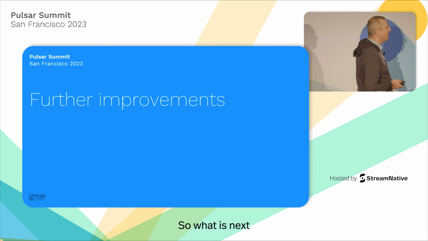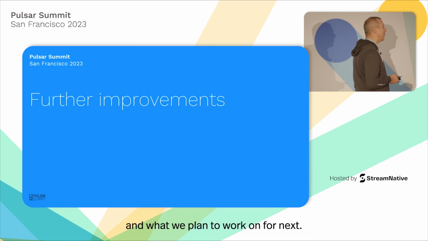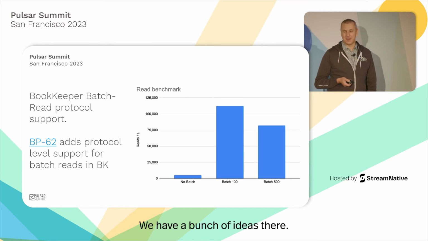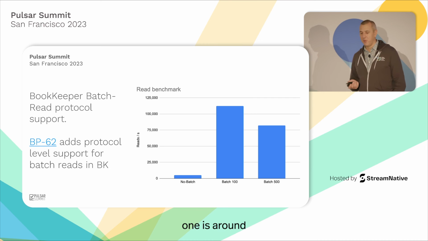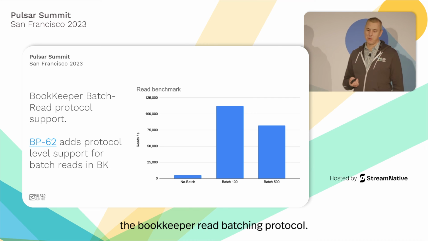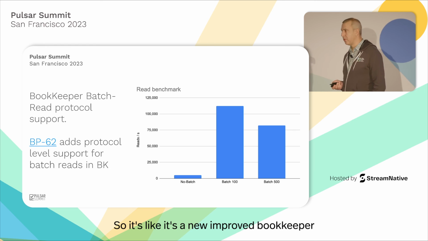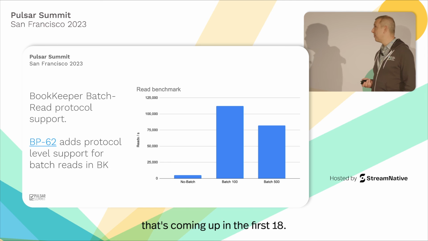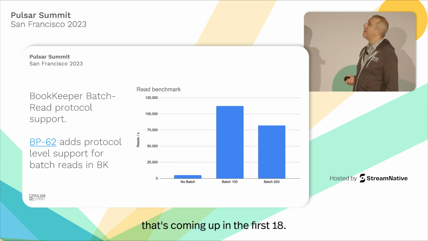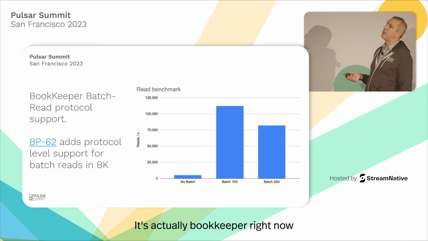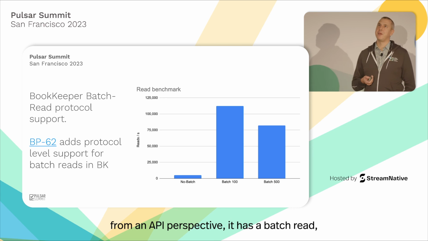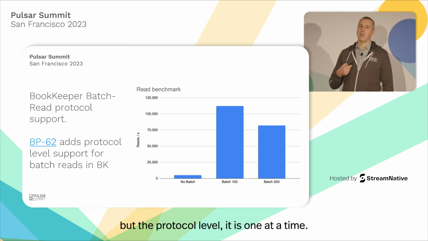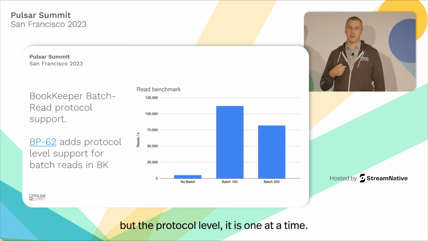So what is next, and what do we plan to work on next? We have a bunch of ideas there. One of the most impactful ones is around the BookKeeper read batching protocol. It's a new improvement in BookKeeper that's coming up in 4.18. Essentially, BookKeeper right now, from an API perspective, has batch read, but at the protocol level, it is sending out one at a time.